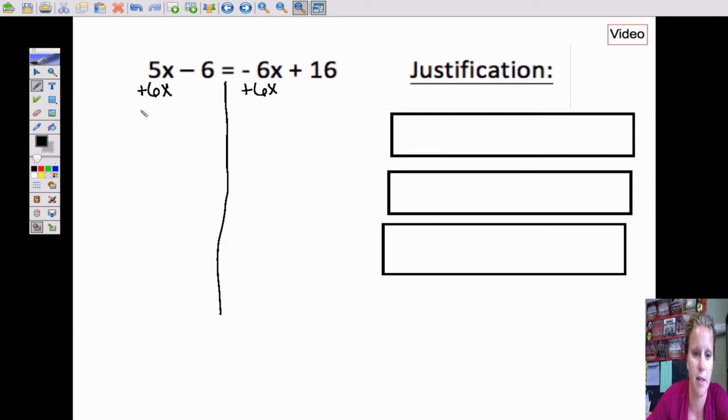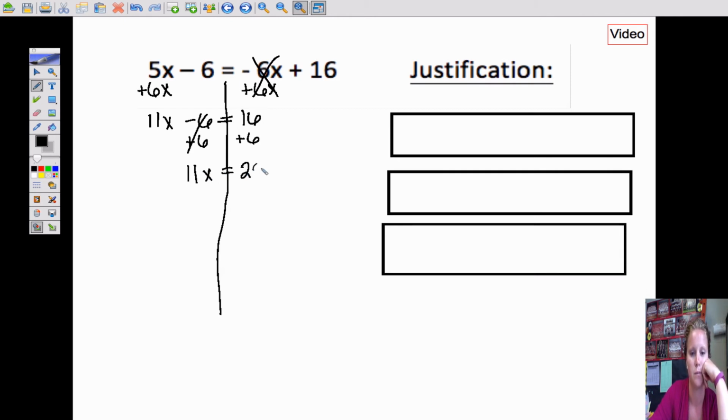When I add 6x to both sides, I get 11x minus 6, and then these cancel because that's 0, is equal to 16. Now I'm going to add my constant, so I'm going to add 6 to both sides, and I'm going to have that cancel, and 11x will be equal to 22.